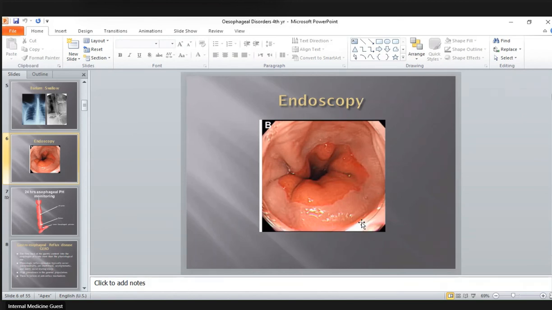And this area, which is slightly irregular, is called the Z line, which we usually find at the lower end of the esophagus at the gastroesophageal junction. It usually marks the end of the esophagus and the beginning of the stomach. You can see the uppermost gastric folds in this area.